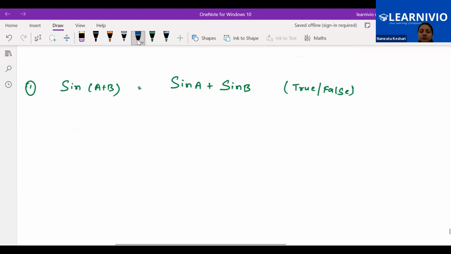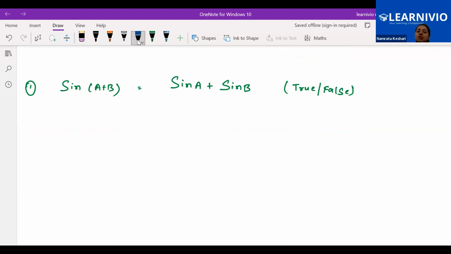Ma'am, it's true. Okay, Aisha said true. Alvina and Sumaya? Ma'am, I said true. Okay, you said true, Alvina. Sumaya? True, ma'am. Okay, true.